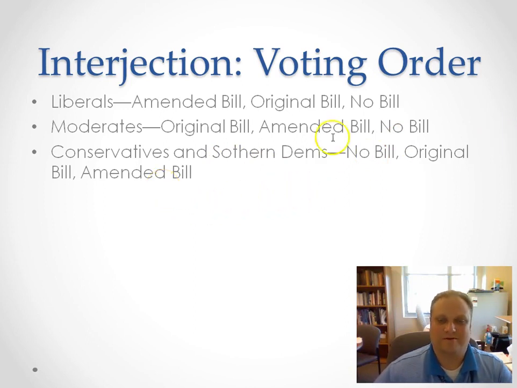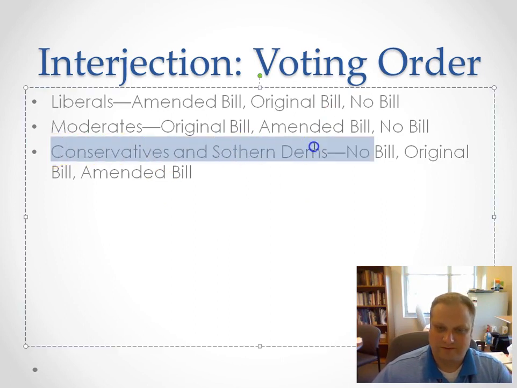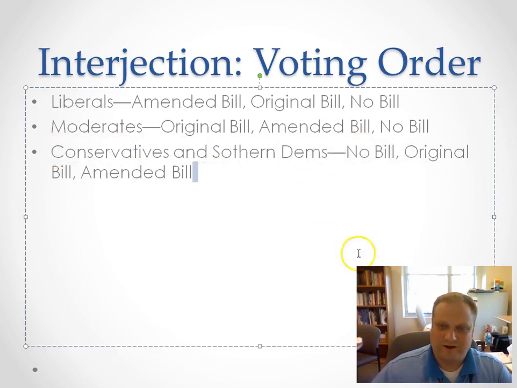And what happens here is that in order for this group to really prevail, their second choice, original bill, would have to be the second choice of the moderates. Well, it's the first choice of the moderates, right? But what they would want is no bill being their second choice. I'm sorry, no bill would be their second choice.